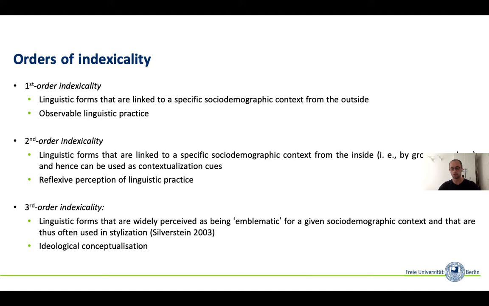And then we have third order indexicality, when some linguistic forms are perceived as being emblems, as sort of indexing a certain style. We can use language to ideologically conceptualize something, to express our belonging to a certain group.